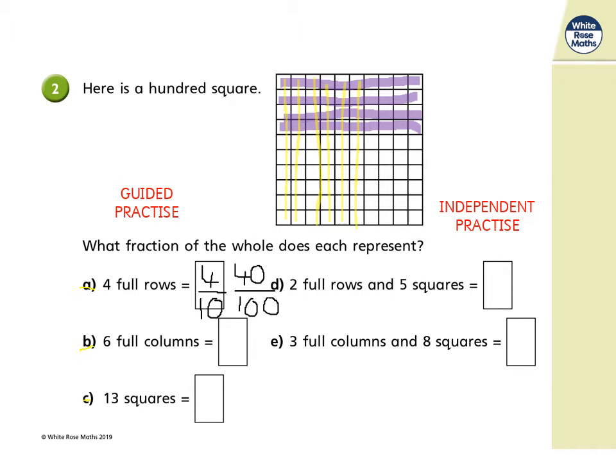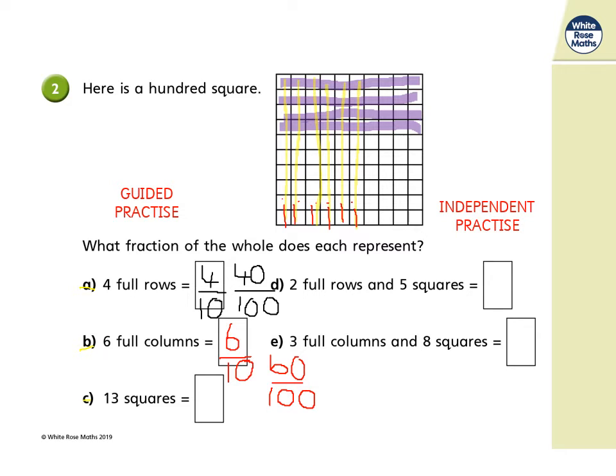So again, I have 6 rows shaded out of the 10, or I have 60 equal squares shaded out of 100. What's important here is that we know that they are equal to one another. Okay, you can see I have 6 rows shaded out of a whole of 10 rows, but I also have 60 squares shaded out of a whole of 100.